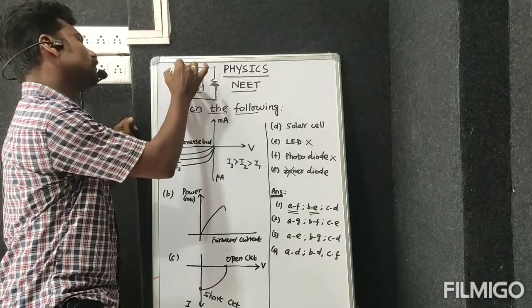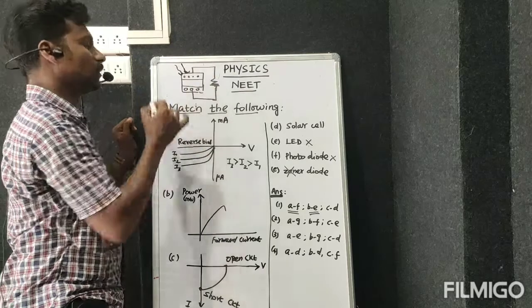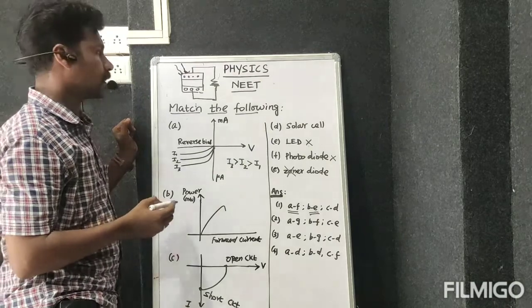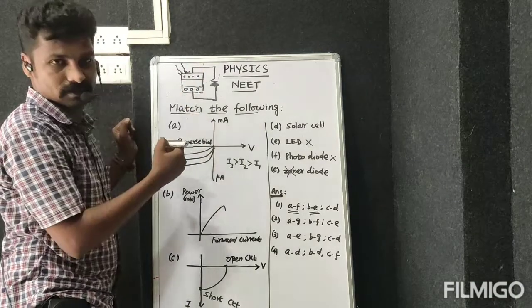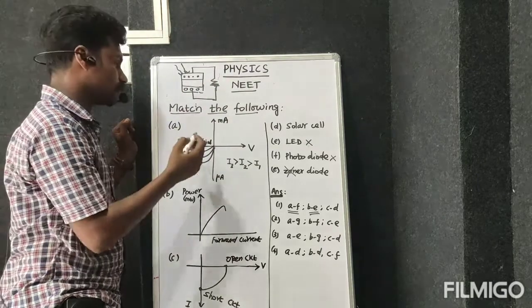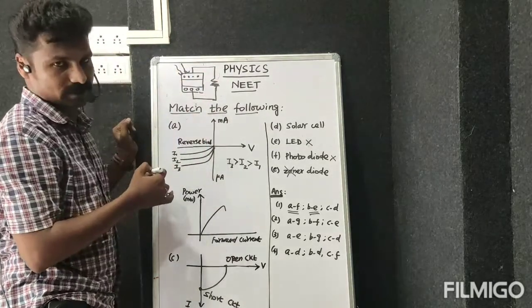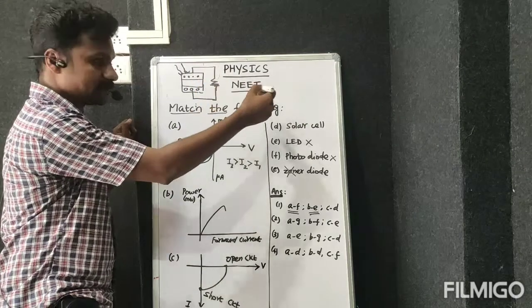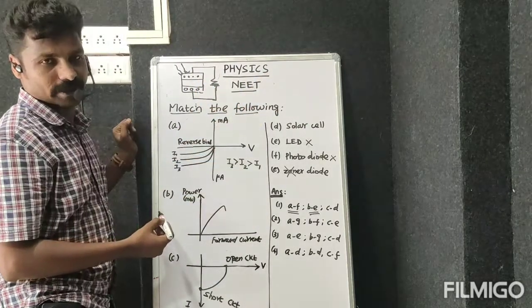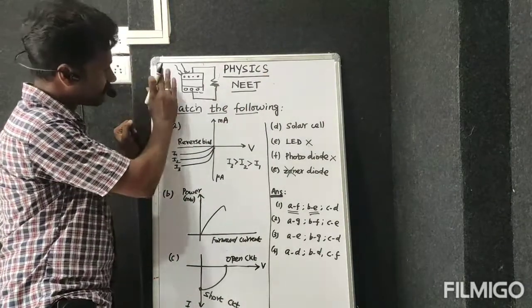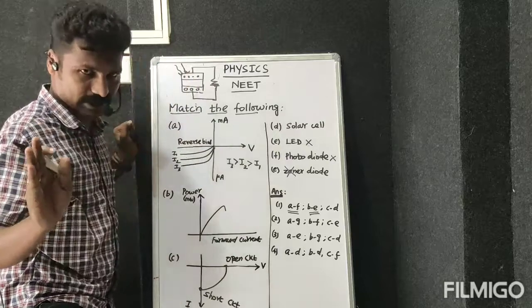When the light energy falls on it, it gets the energy, so it overcomes the region, the carriers recombine, and we can get the current value.